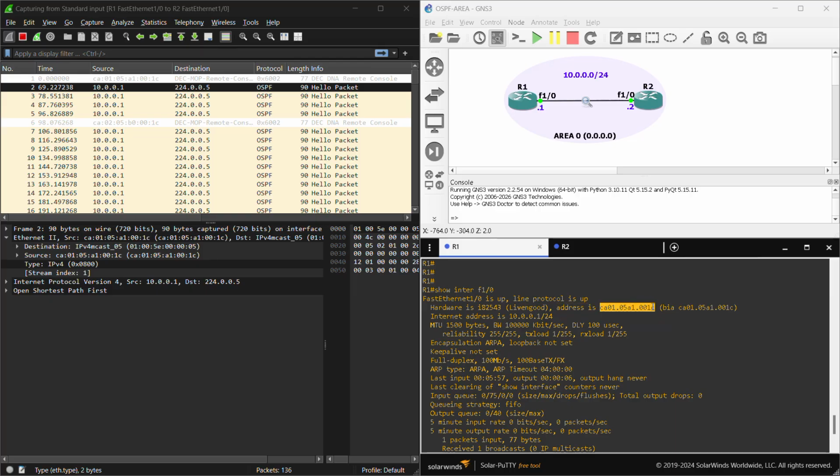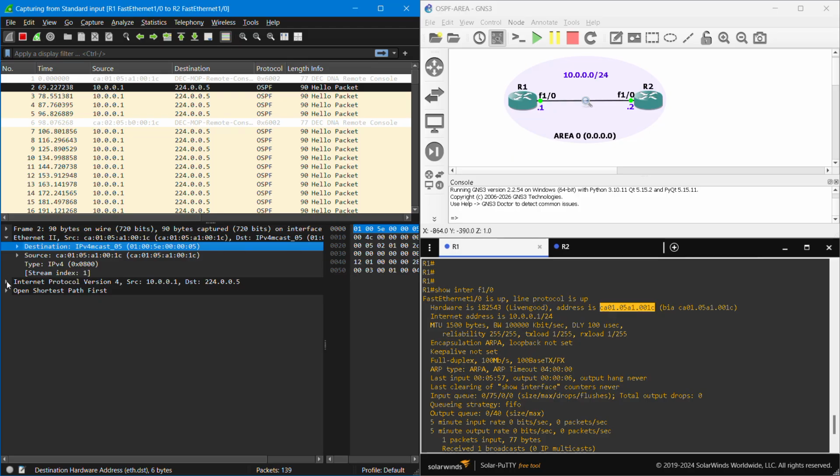If you verify it with this one, both are the same, so this belongs to R1's MAC address. Now, the destination address is a multicast address. We saw something similar in RIP; the initial three bytes are the same in RIP as well. The type is 0800, that is IP.